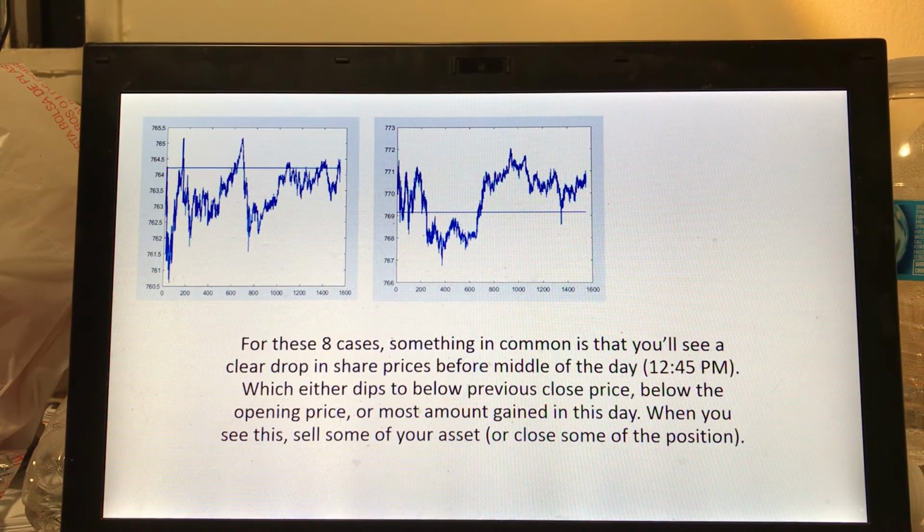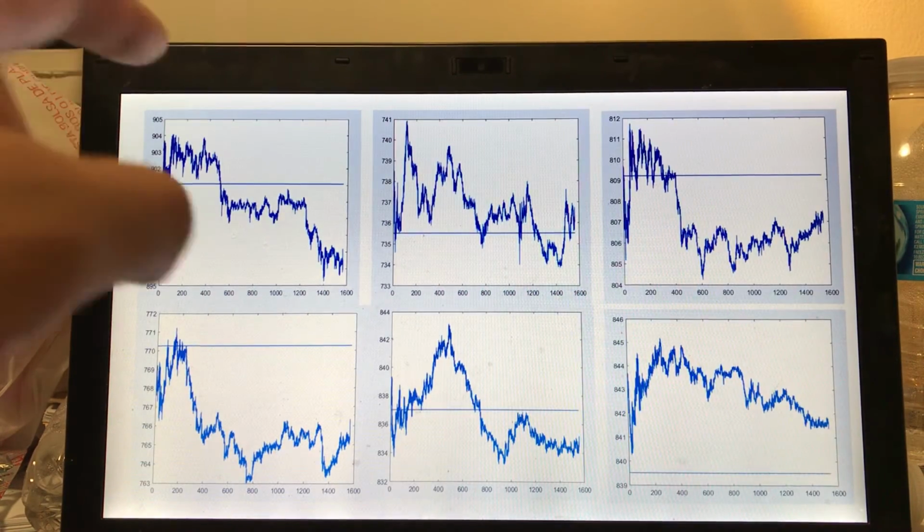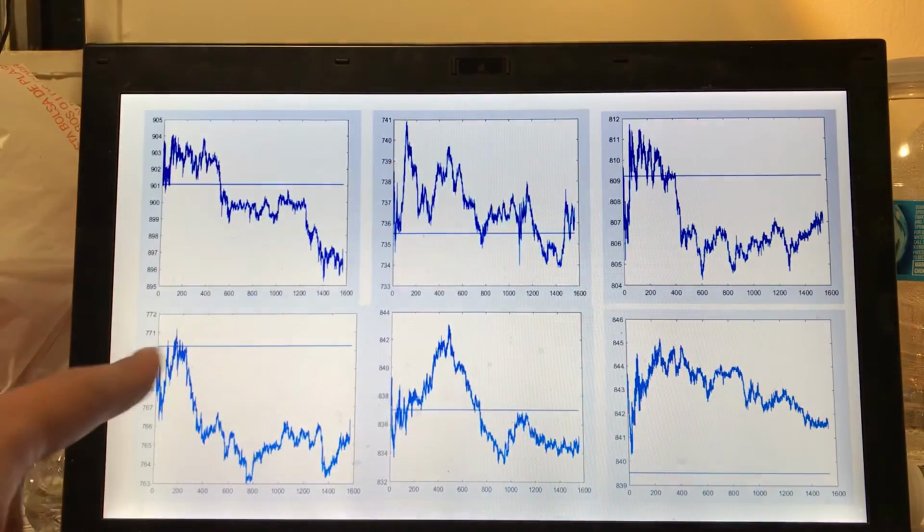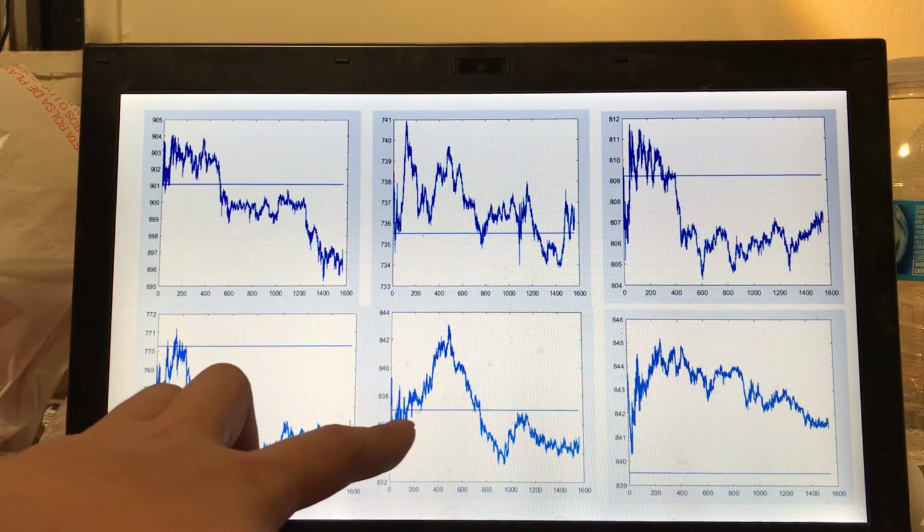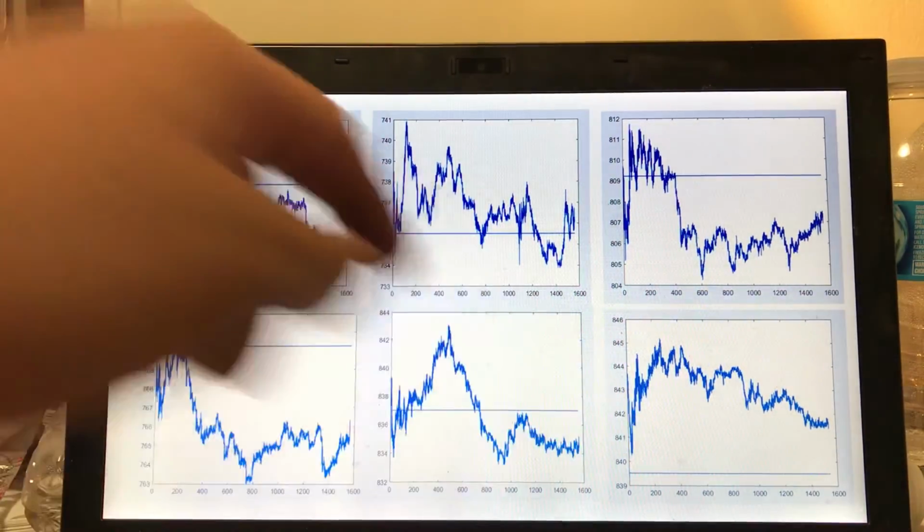Okay, so for these 8 cases, something in common is that you will see a clear drop in the share price before the middle of the day, even though they have formed a V shape from a bottom reversal shape at the beginning.